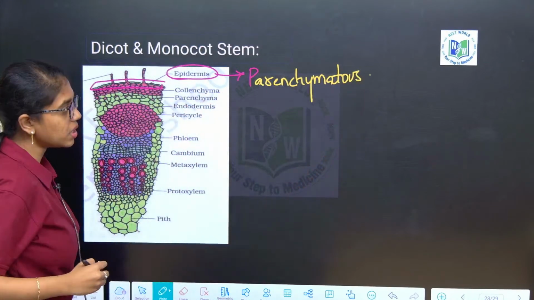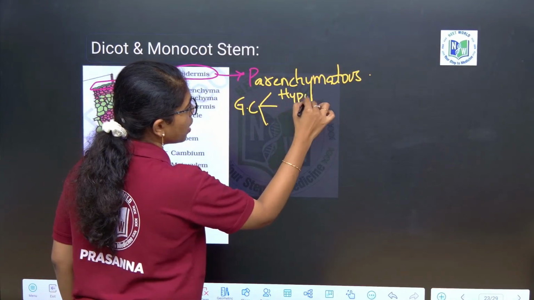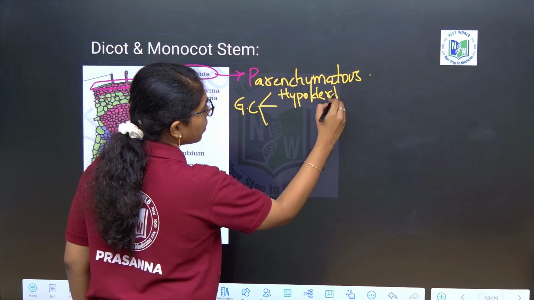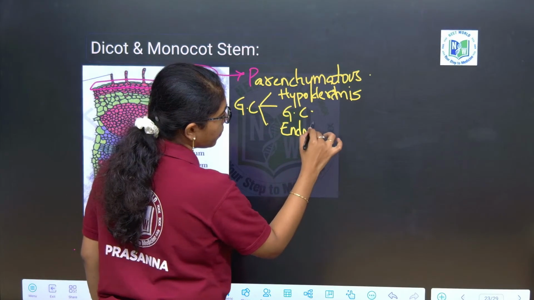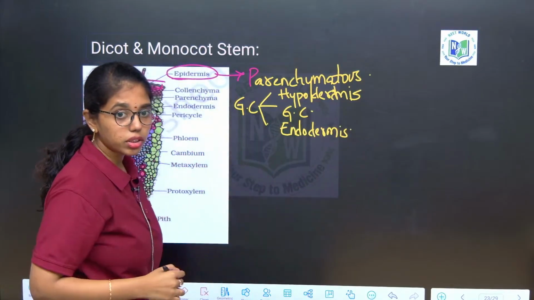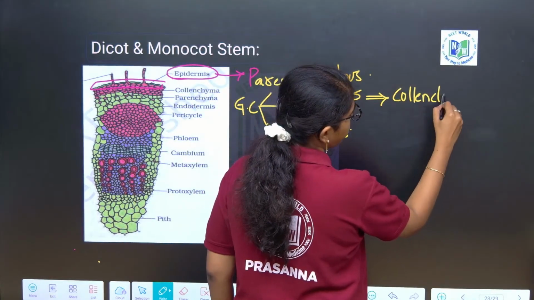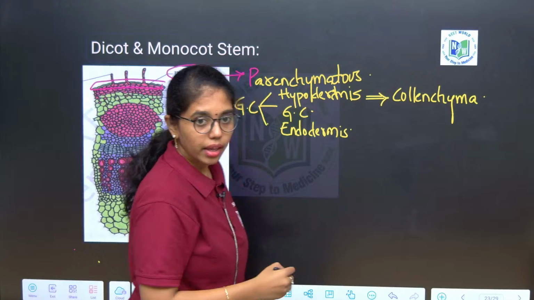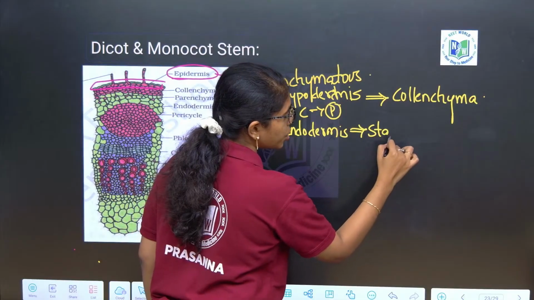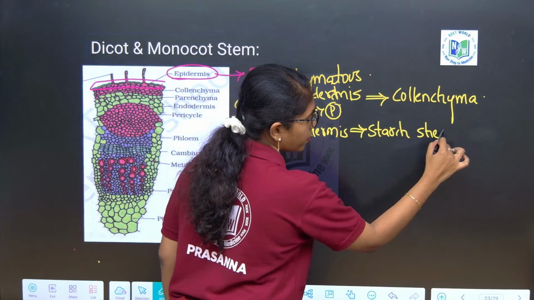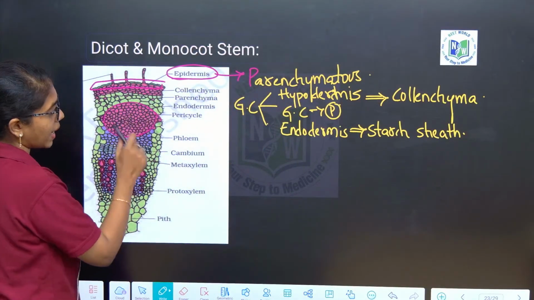Below epidermis, the general cortex is divided into hypodermis, general cortex and endodermis. Hypodermis of dicot stem will have what tissue? Collenchyma. General cortex is again parenchymatous, endodermis is filled with starch sheath. Next is pericycle.